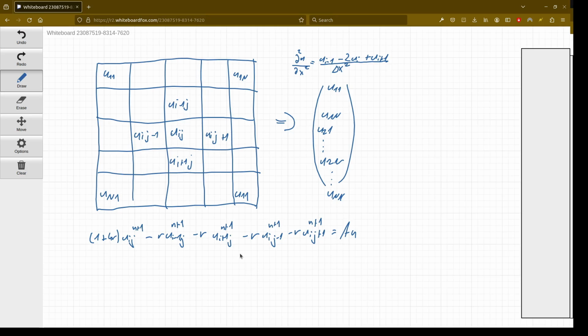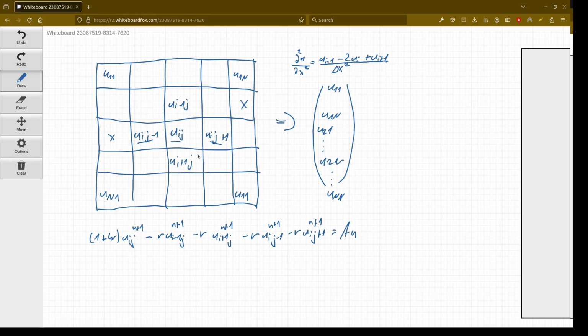What you can think there is these three are going to stay adjacent to each other, since if we flatten them, we just place this cell next to this cell, so we don't change anything in the x derivative.